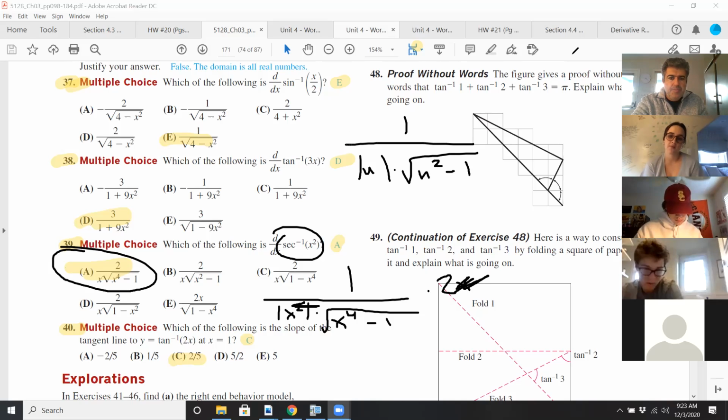Question in the chat. Have 1 minus u squared under the root. I think, are you referring to 37? The person asked about the identity of the derivative of inverse secant; I thought it was the absolute value of x times the square root of 1 minus x squared.